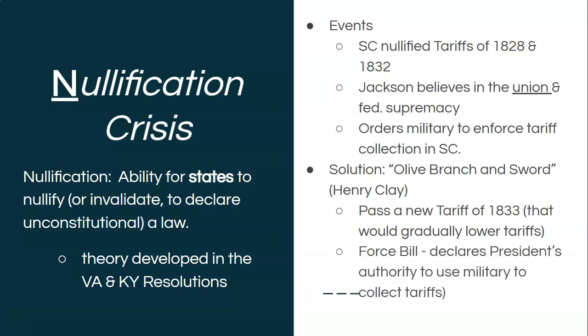The sword piece was the Force Bill, which asserts the president's authority to use the military to collect tariffs. So a peaceful opportunity and an enforcement act as well. South Carolina accepts the new tariff of 1833. But what this demonstrates is Jackson's belief in and use of force and power of the office of the presidency.